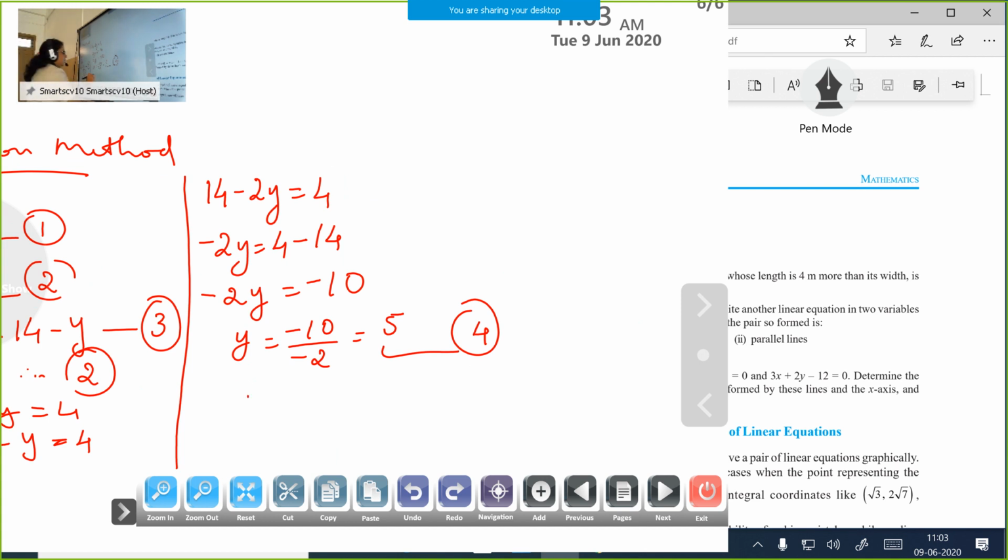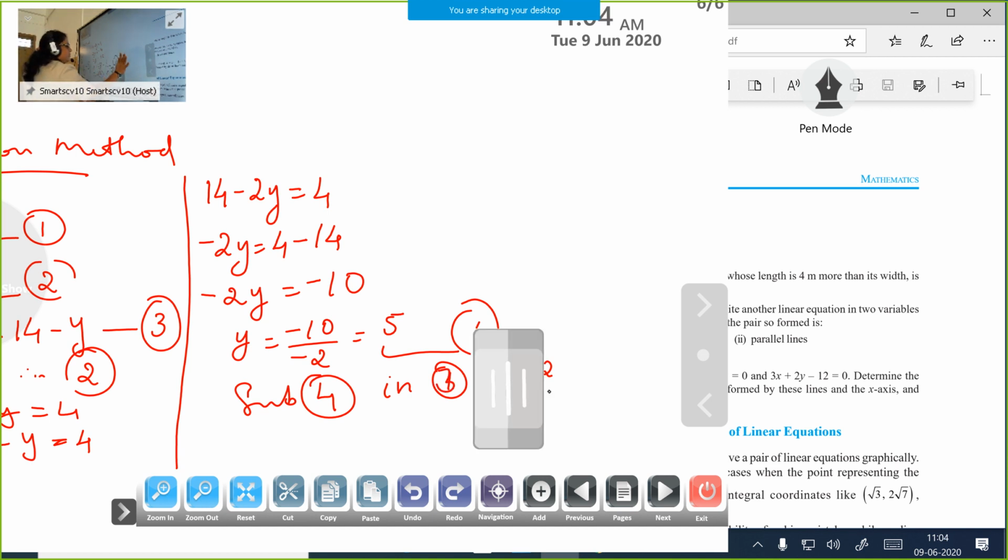Then, substituting the value from equation 4 in 1 or 2. You can substitute it in 3, that is a simple method.